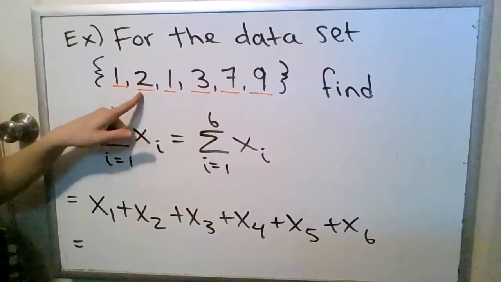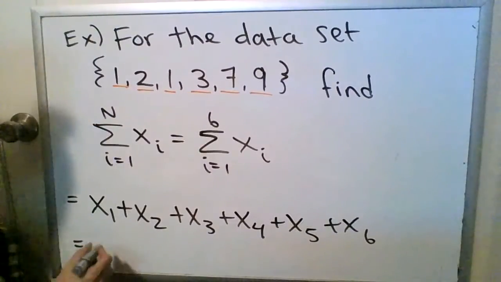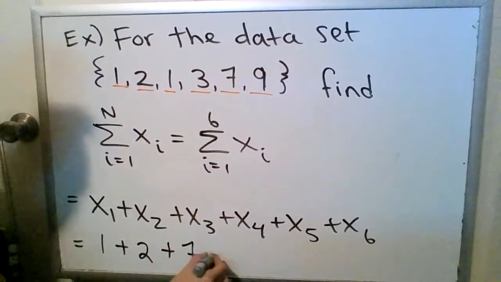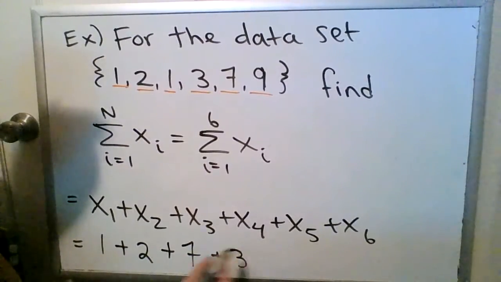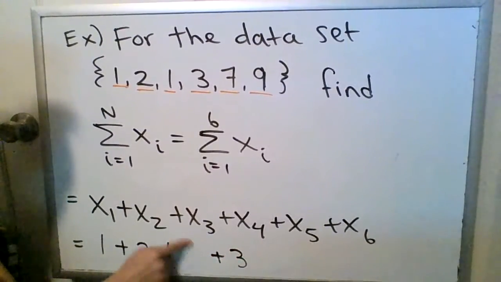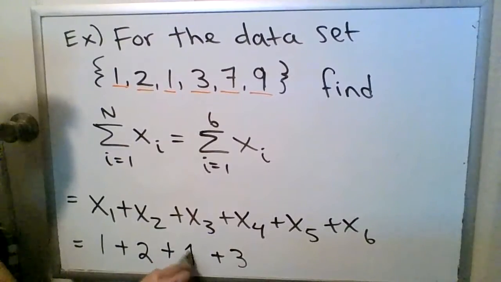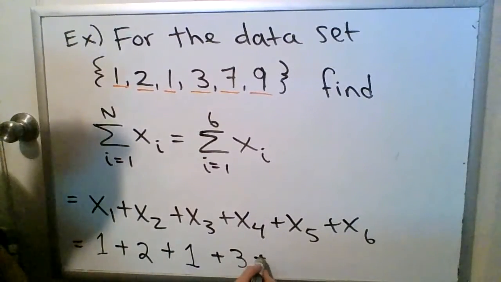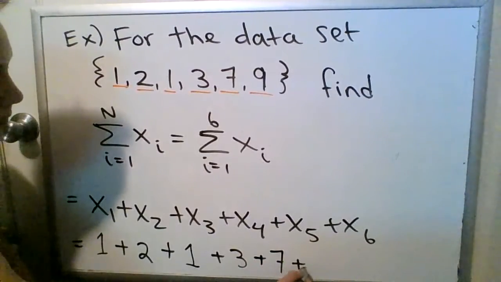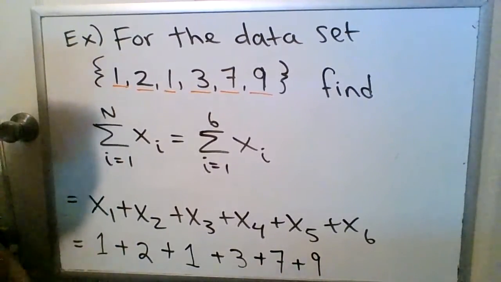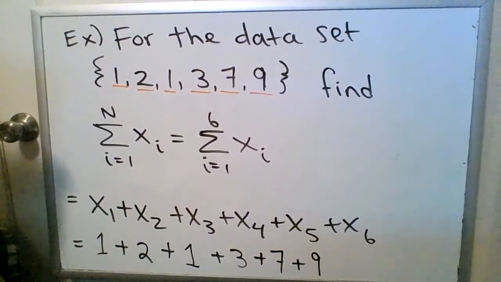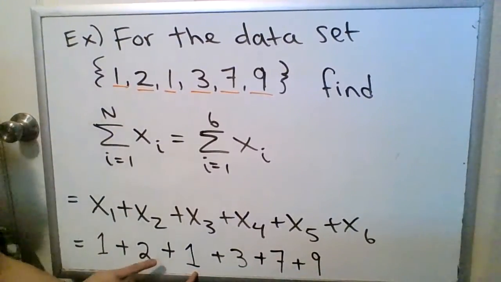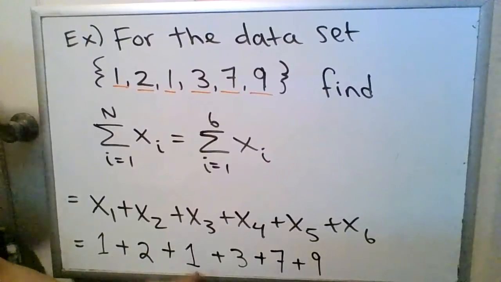So it's 1 plus 2 plus 1 plus 3 plus 7 plus 9. Okay, this would be 10 plus another 10 is 20. 21, 22, 23 is the sum.